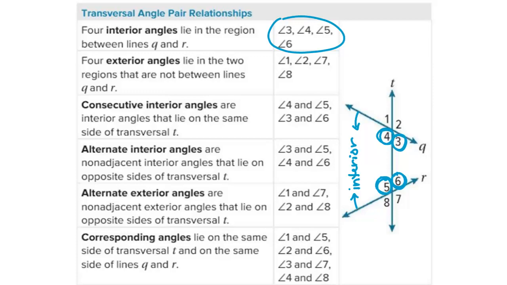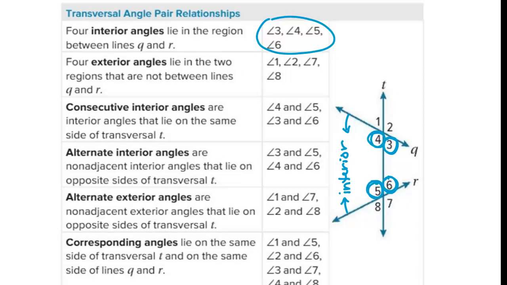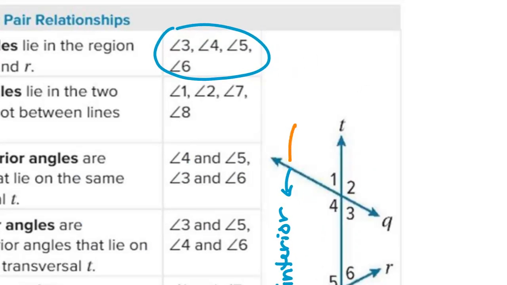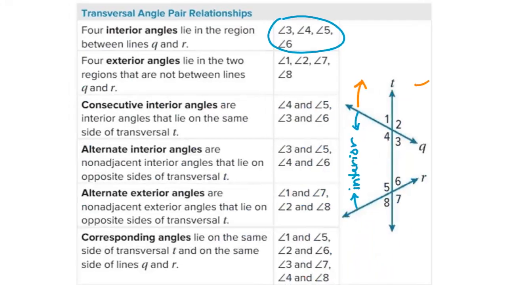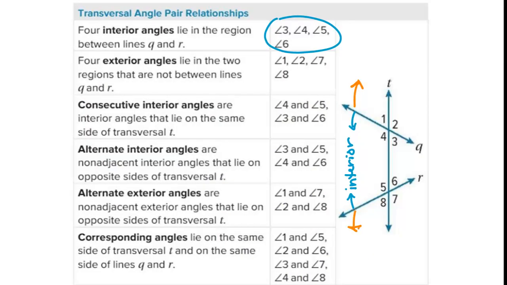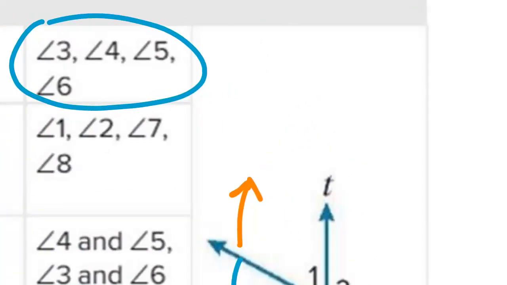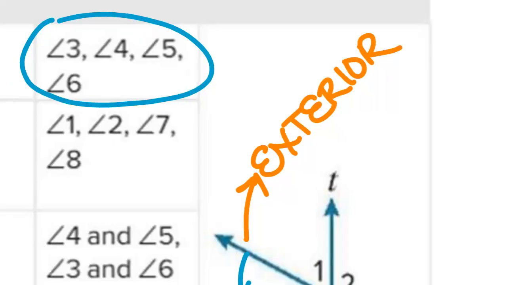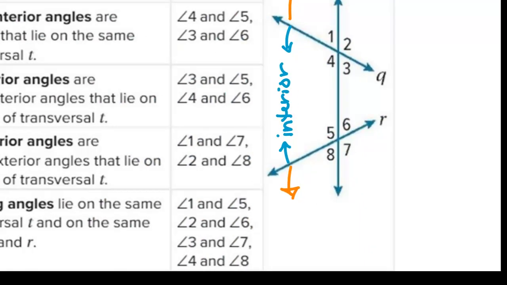And then we have exterior angles. These are ones that are not between my two lines being cut by the transversal. This is the exterior.